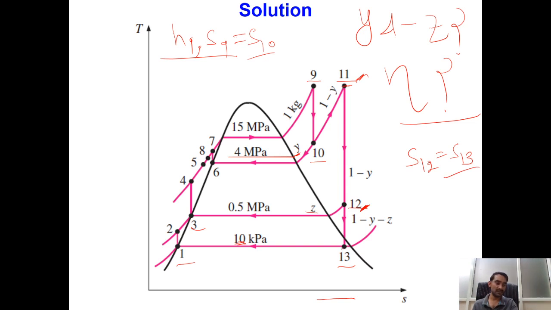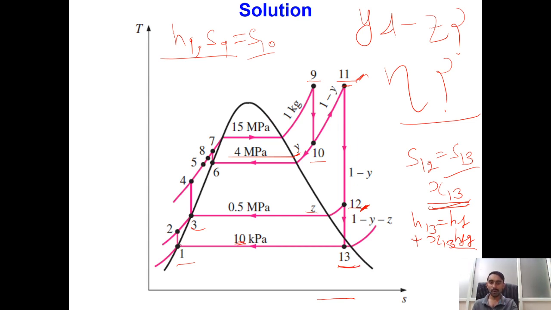If I know S13, I can find the fraction X13 using S13 equal to Sf plus X times Sg minus Sf. Once X13 is known, I can apply the enthalpy equation H13 equal to Hf plus X13 into Hfg to determine the enthalpy of point number 13.